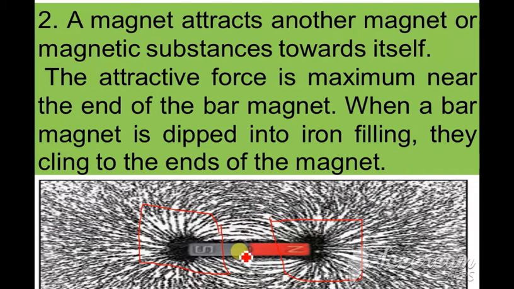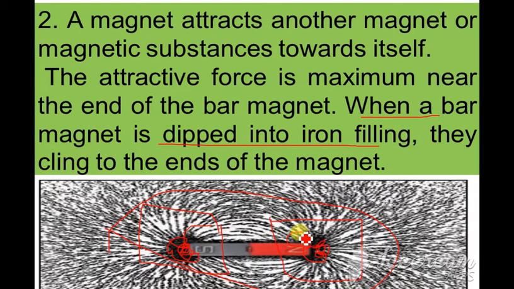At the center the force is negligible, but at the corners it has the maximum force. When the bar magnet is dipped in iron filings, the filings are so much crowded near the ends, because the field is more there.